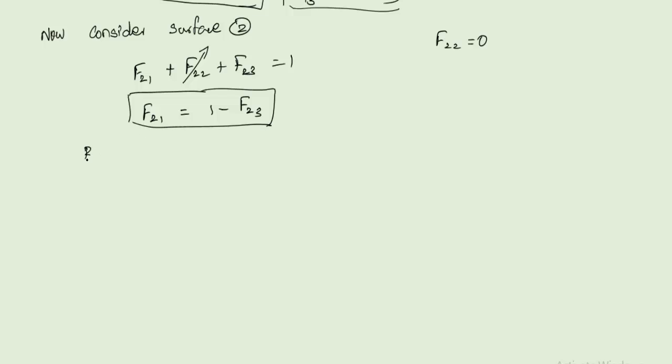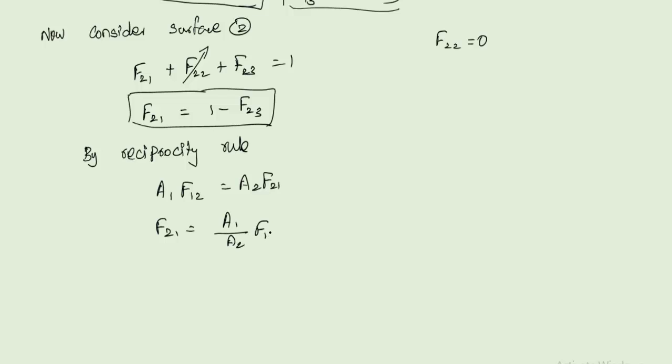Now by the reciprocity rule, we know that A1 F12 equal to A2 F21. Here F21 equal to A1 divided by A2 F12. Since it is a symmetrical triangle, A1 equal to A2. So this term becomes 1, and F21 equal to F12.